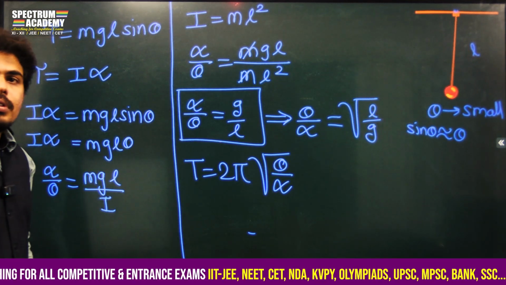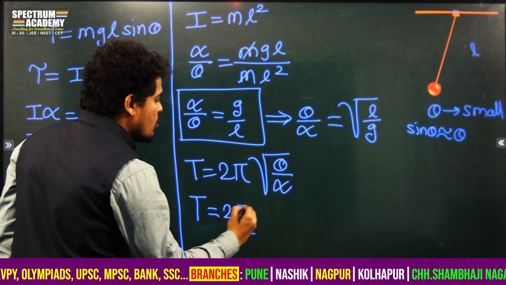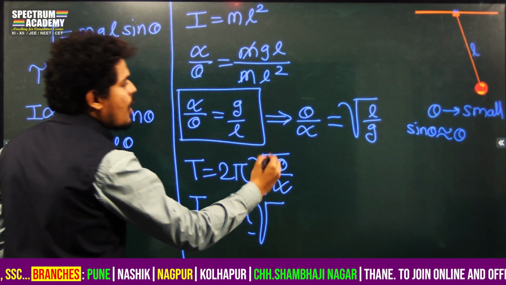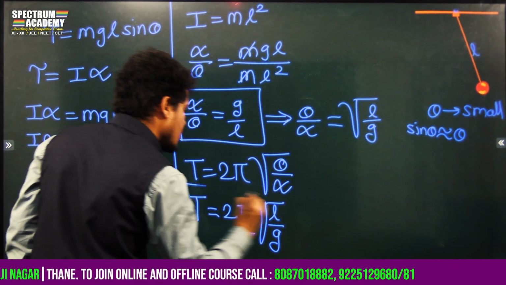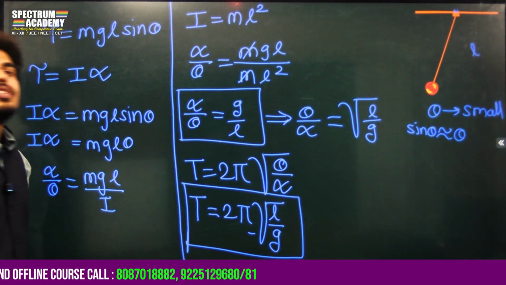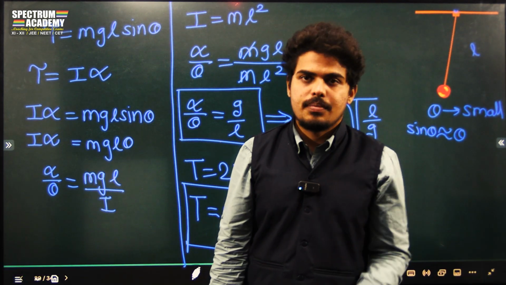So we can put the values here. Time period equals 2π under root of θ upon α, that means l upon g. So this is the time period of the simple pendulum performing angular SHM.